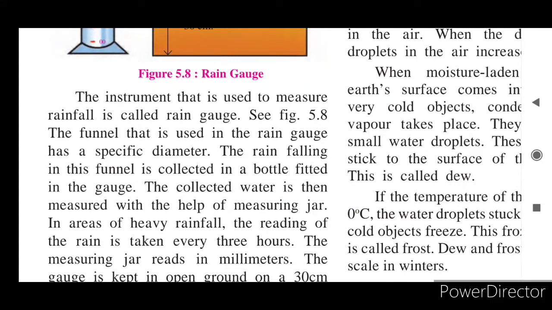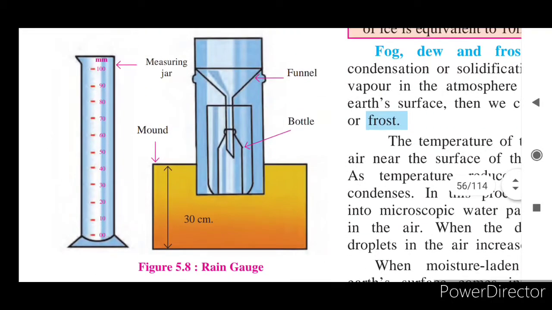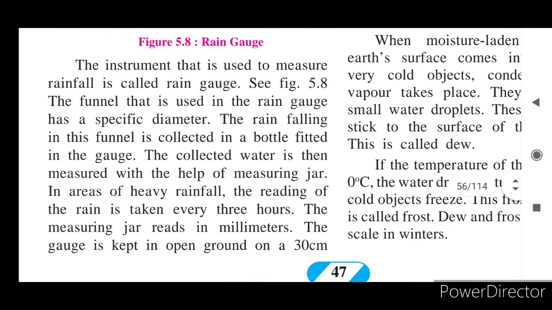So see, the rain falling in this funnel is collected in a bottle fitted in the gauge. In this gauge one bottle is fitted, and in that bottle rain will fall through the funnel. In areas of heavy rainfall, the reading of the rain is taken every 3 hours.